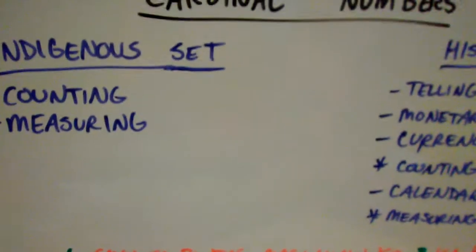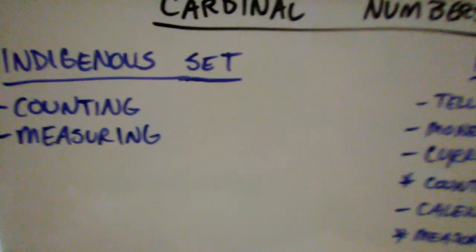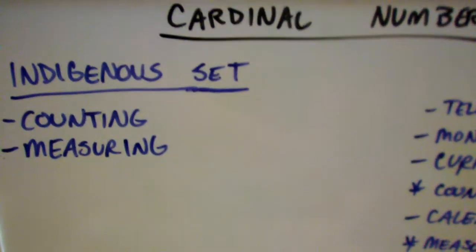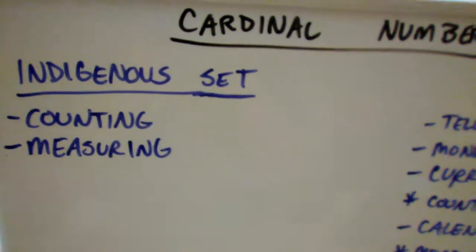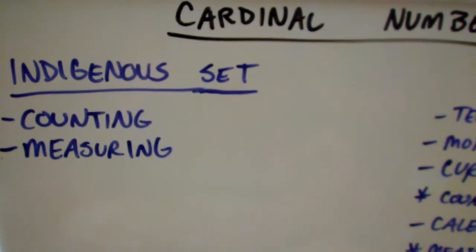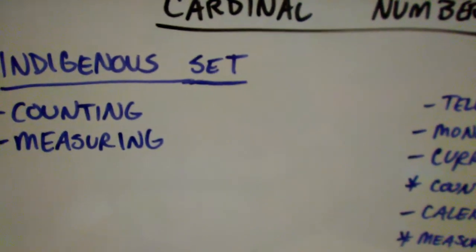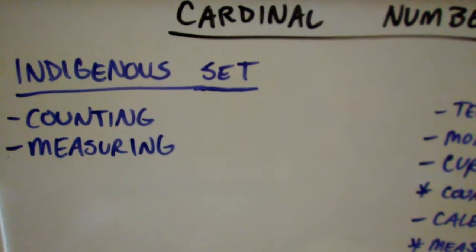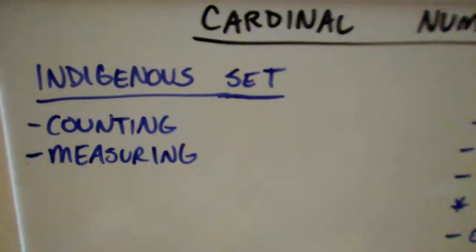However, you can also use the indigenous set after napulo. You can go to napulo ug usa, which means 10 and 1, and that means 11 instead of saying 11. This is the thing though, most people do not use the indigenous set anymore.